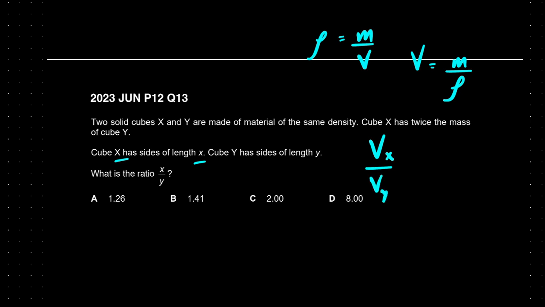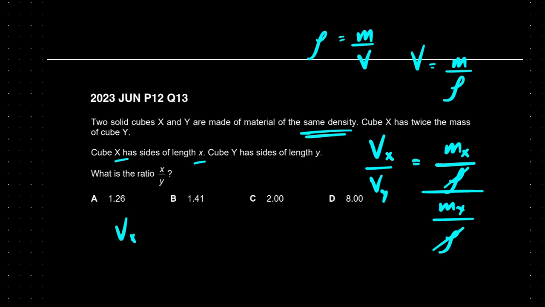Volume of X would be mass of X over density, but they have the same density, right? So it's over rho, and Vy would be My over rho. So the rhos cancel out. So Vx over Vy equals Mx over My, which we know is 2 over 1 because it's double.